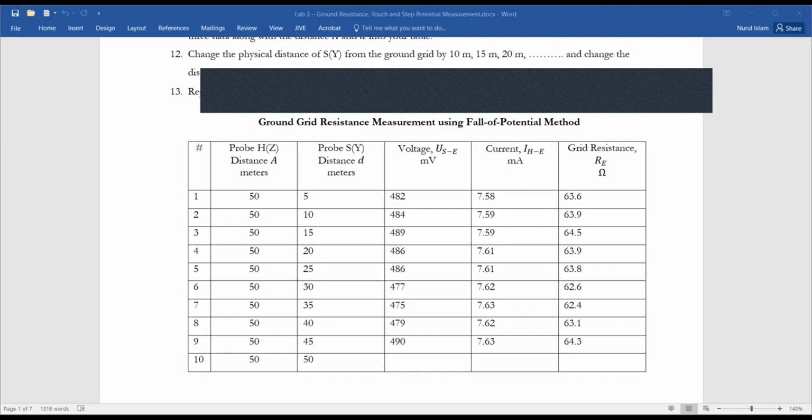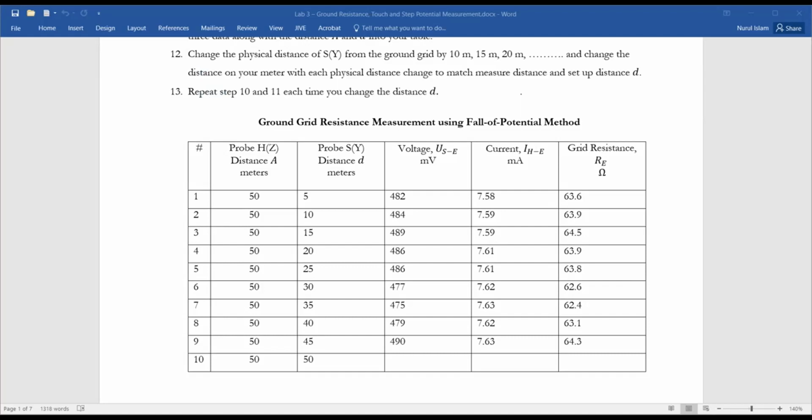what is the distance of the auxiliary electrode through which we are injecting current. The distance of the auxiliary electrode from the grounding object or grounding grid, through which we are injecting current. That distance is 50 meters, right? 50 meters.